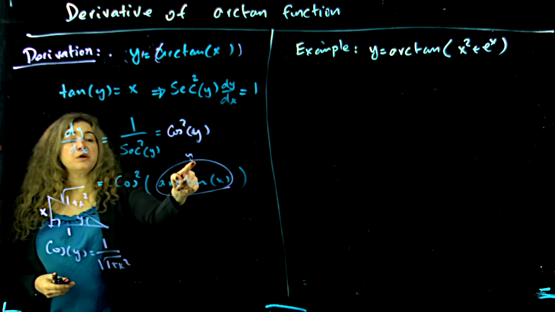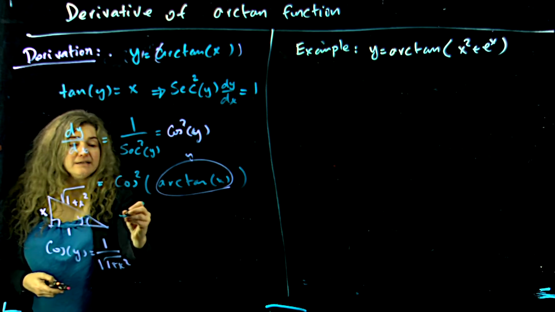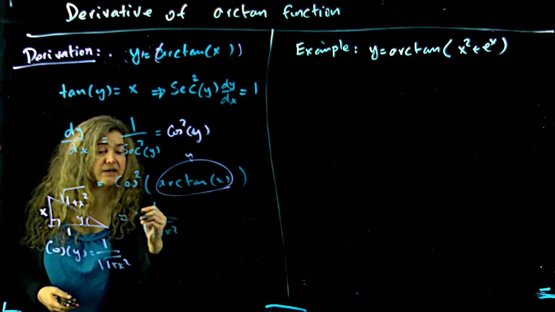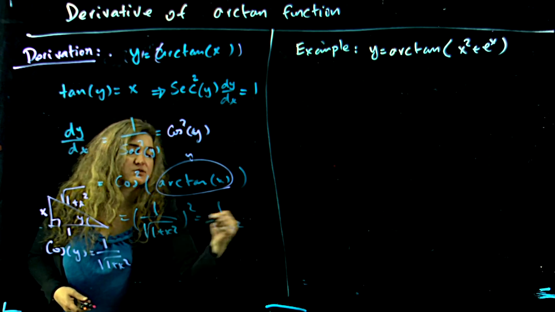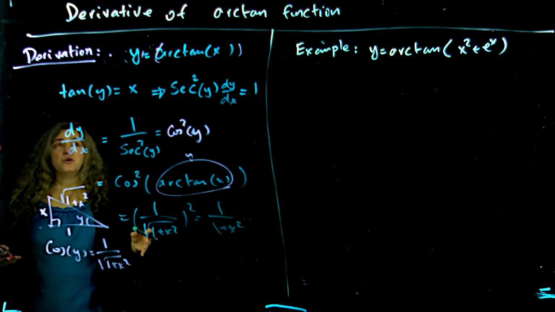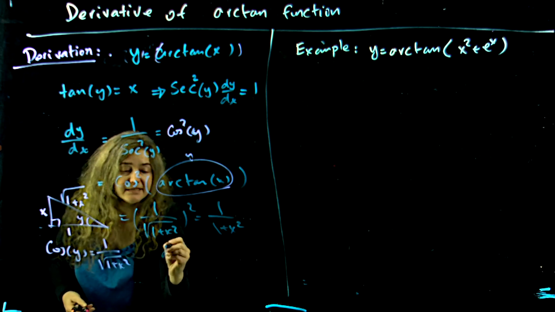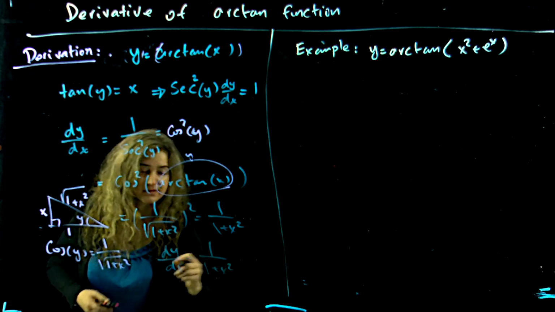Cosine squared of y is what I want to find, and I know cosine of y is 1 over the square root of 1 plus x squared. That to the power 2, I get 1 over 1 plus x squared. So what do we get? We got dy over dx is equal to 1 over 1 plus x squared.